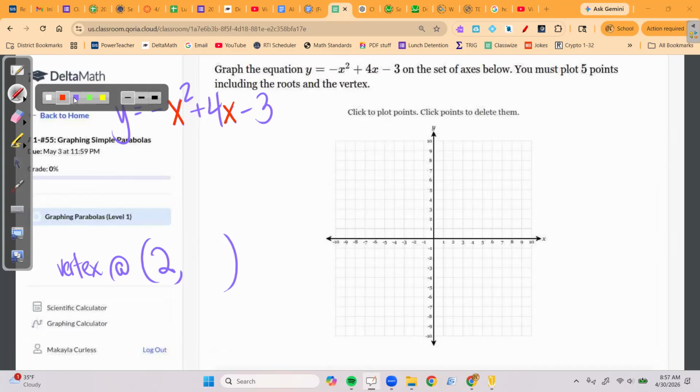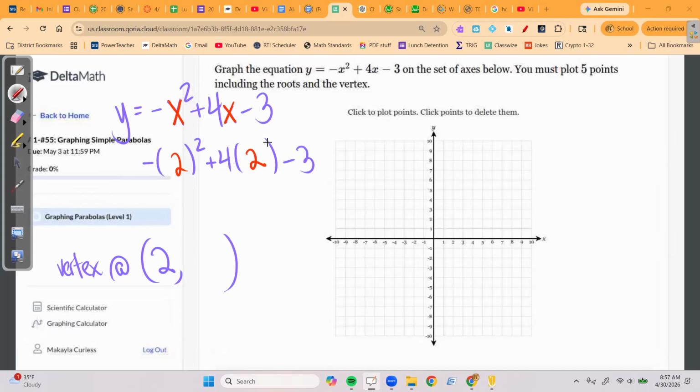So hers is going to say negative blank squared plus 4 blank minus 3. And into those cute little blanks is going to go the number 2. What is the answer to the green thing?